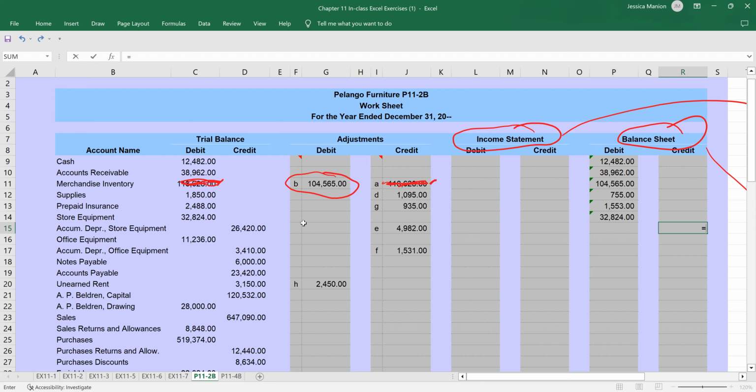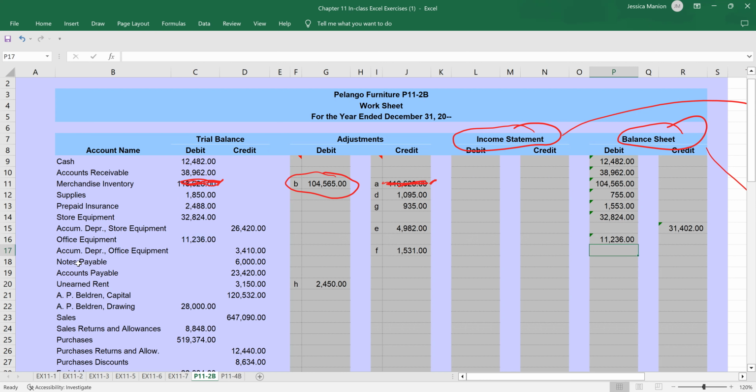Accumulated depreciation has a normal credit balance, so it had a credit balance to begin with of 26,420. We credited or added another 4,982. That's up to a credit balance of 31,402. Office equipment, again, no direct adjustment to these fixed asset accounts, so still 11,236.